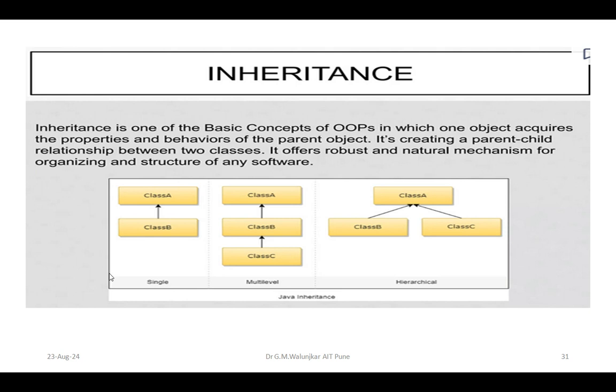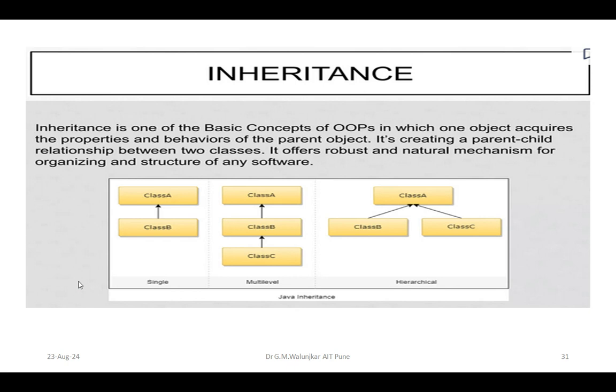Now the next important concept in object-oriented programming is the concept of inheritance. Inheritance is one of the basic concepts in OOP in which one object acquires the properties and behavior of the parent object. So it creates a parent-child relationship between two classes.